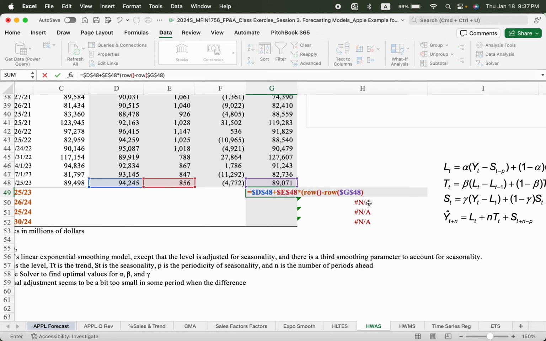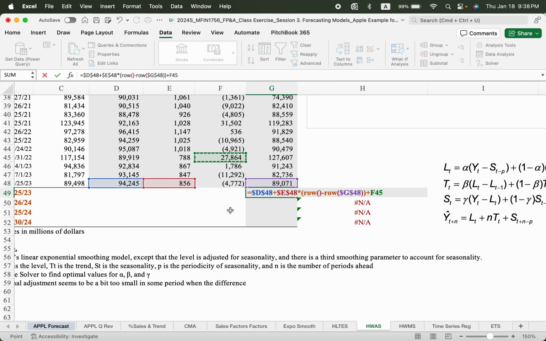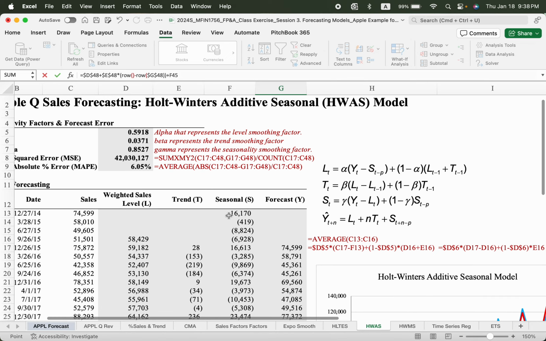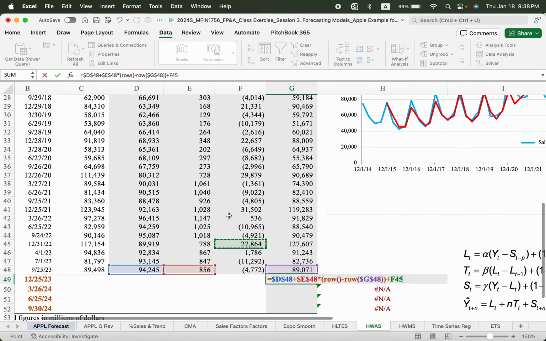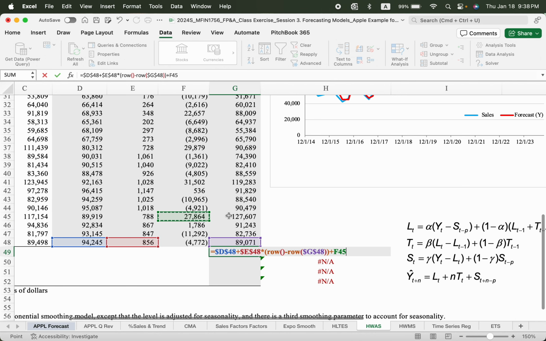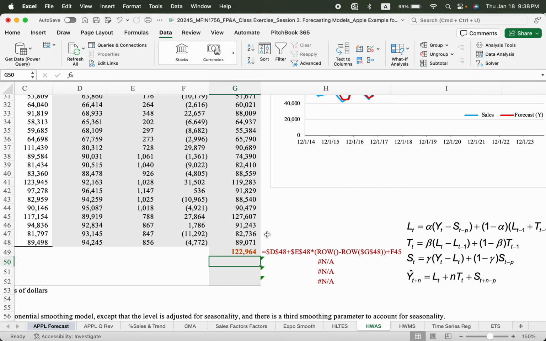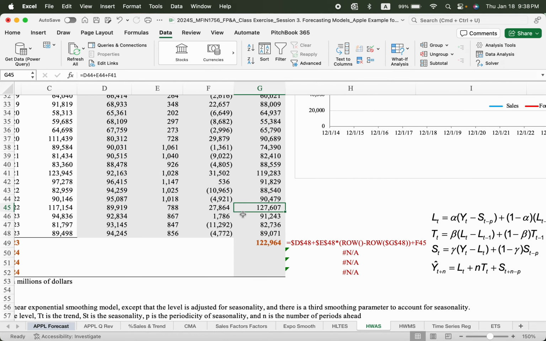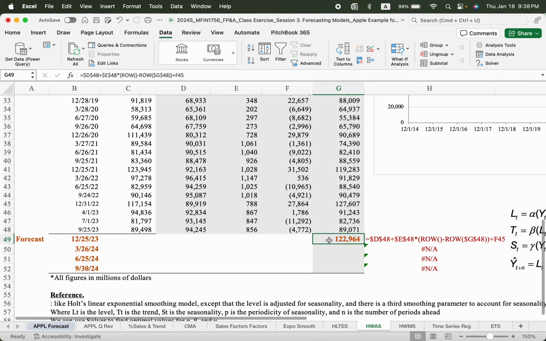And then let's close the parentheses. And then we have to add here the seasonal factor of the last year in the same quarter. And then we don't fix this because it will drag down. So likewise, the next forecasted value is $122 billion.